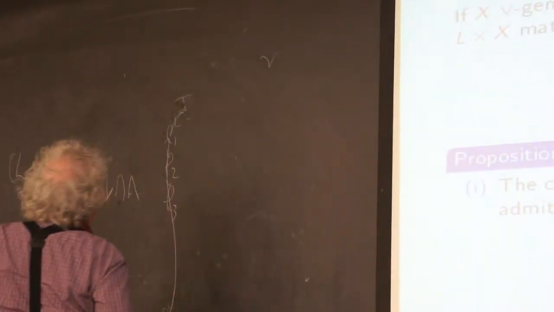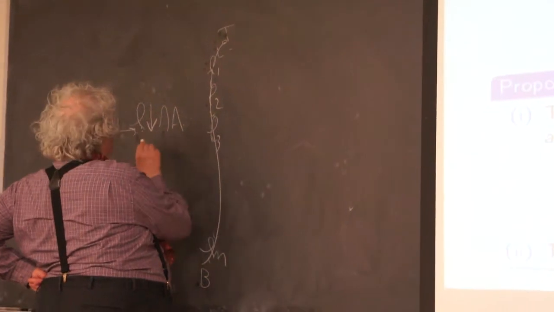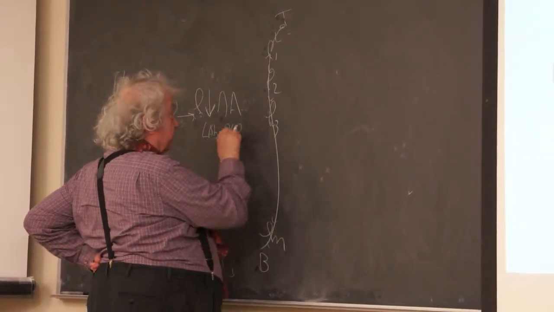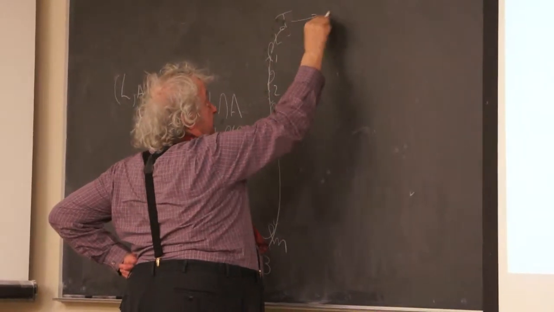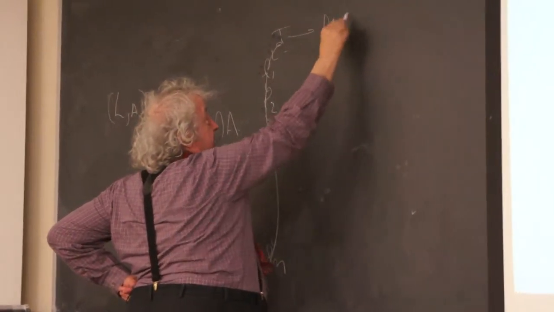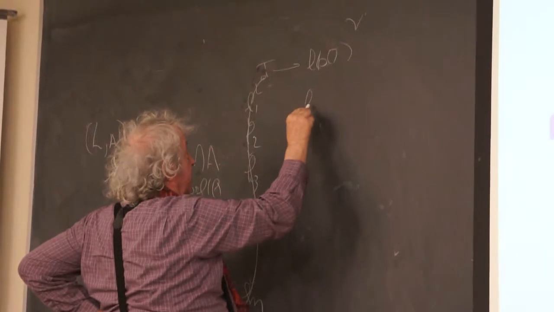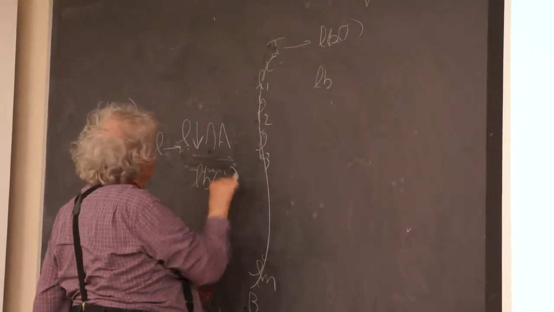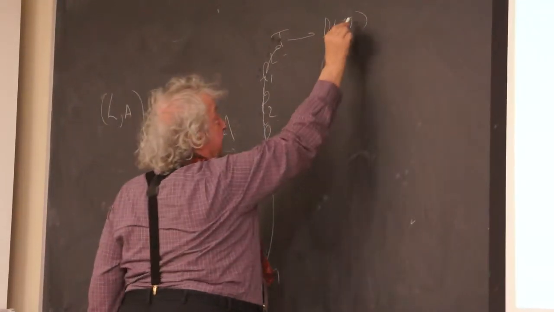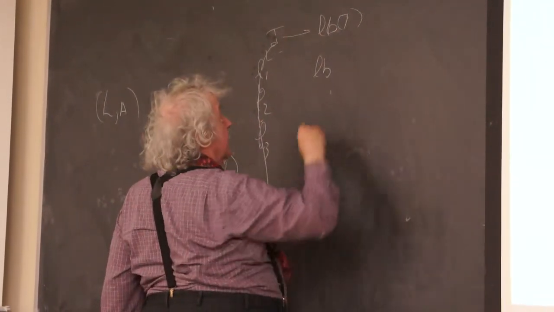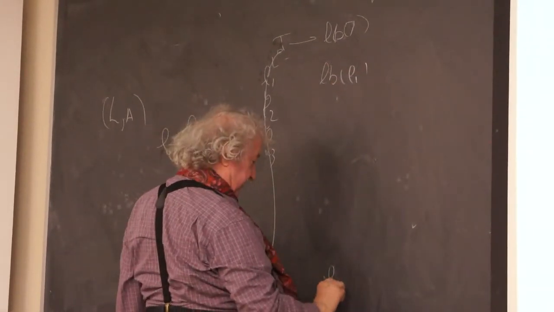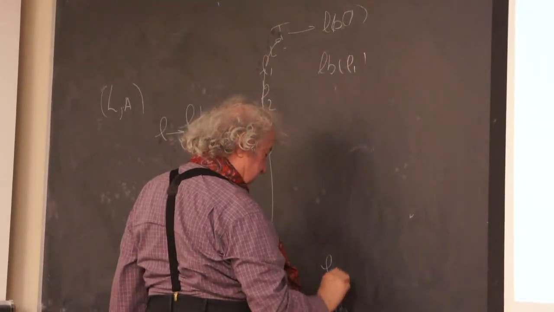Okay, and then you have a label. At every spot here, we'll call this the label of L. So I have the label of T, and then the label of L1, and the label of Ln.